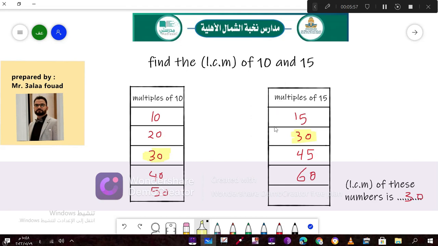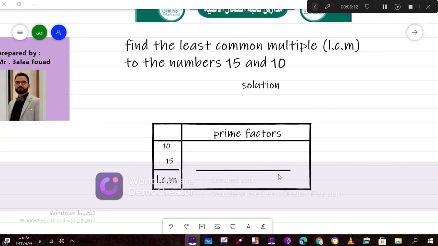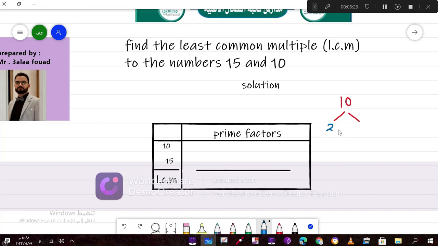The great thing about this method is that it works for any numbers of any size. First, we do the prime factorization of each number, primes in red and composite numbers in blue. We will factorize 10 as 2 times 5.